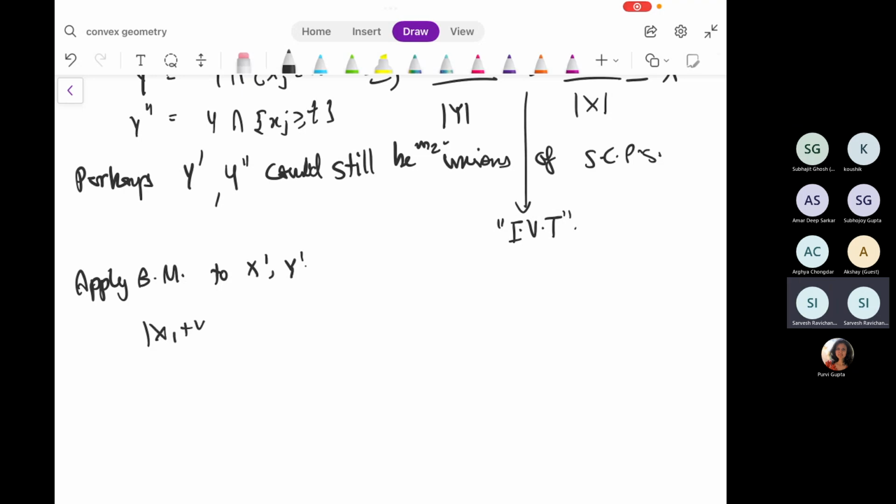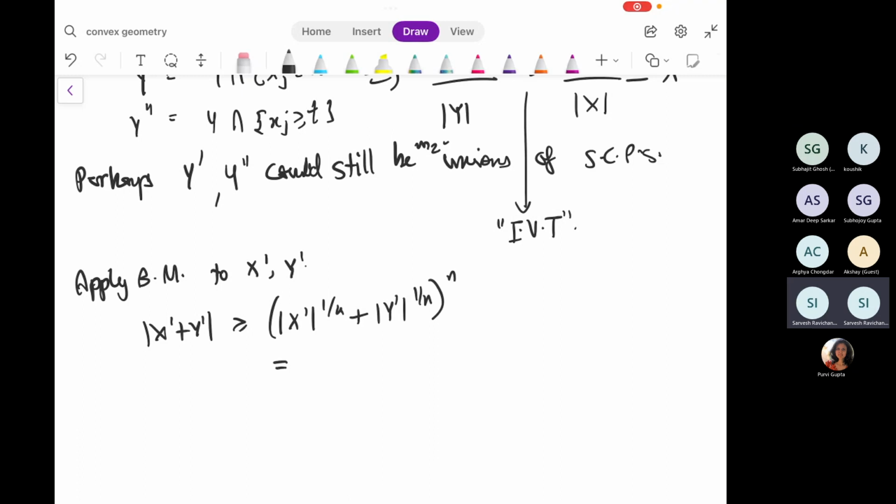We'll take the n power to the other side. So let's not call it y1, sorry. It's x prime plus y prime. The Lebesgue measure of x prime plus y prime is greater than or equal to the sum of the individual Lebesgue measures to the power 1 by n, whole to the power n.